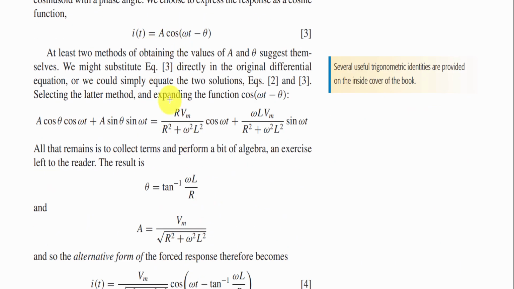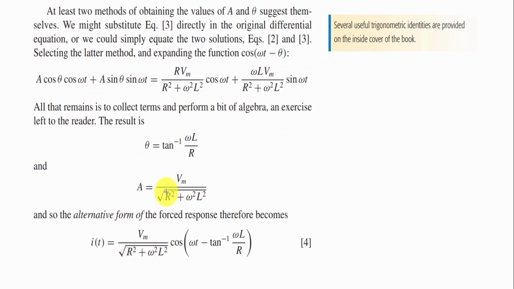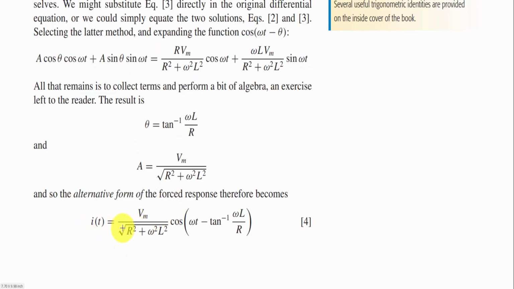This is all time domain analysis, but here we have the alternative form of this i(t), Vm over the square root of R square plus omega square L square. This is a very large equation, but if you look closely, we are just dividing by the impedances of the resistor and the inductor here.